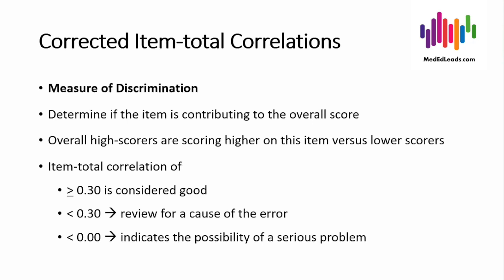So let us learn what it means. Item total correlation, point biserial correlation, or discrimination all mean the same thing. And what does it mean? It means that the question is contributing to the total score. So let us take a step back. Think of your good students, good candidates.